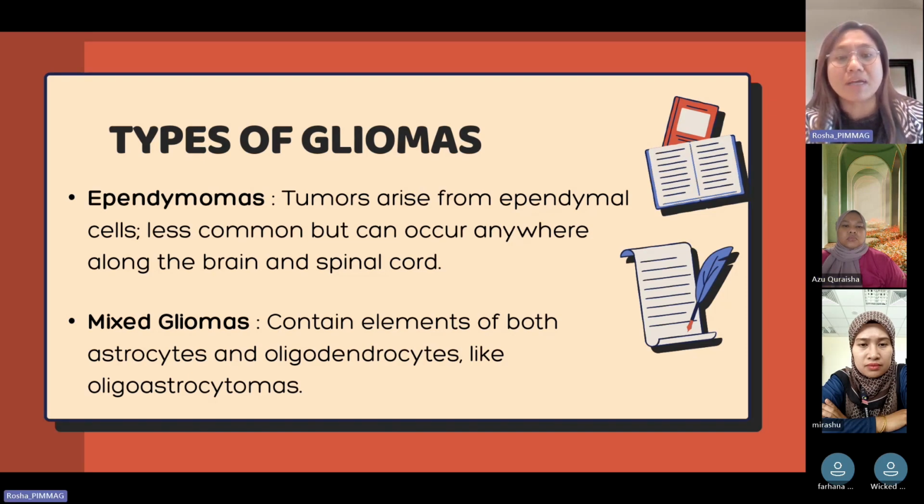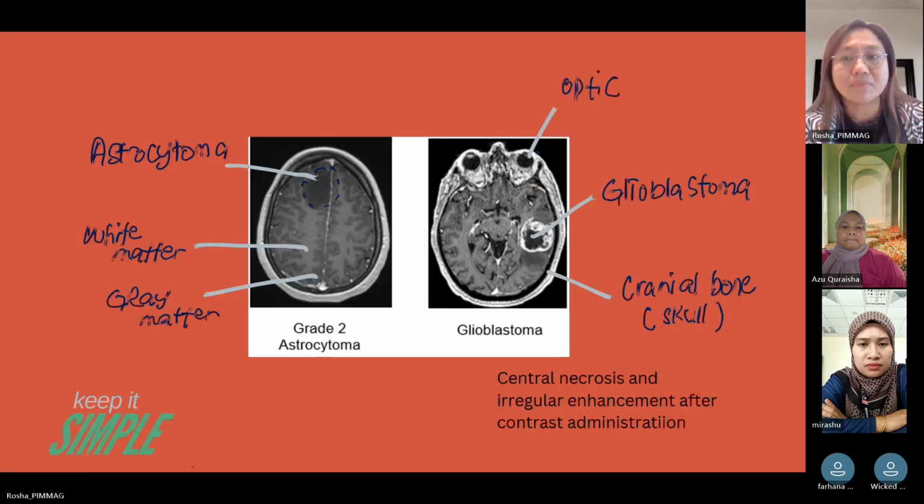A mixed glioma contains elements of both astrocytes and oligodendrocytes, like oligoastrocytomas. So this is an example of a grade 2 astrocytoma, in the image shown on the left, in the marked area here, where the astrocytoma is present.